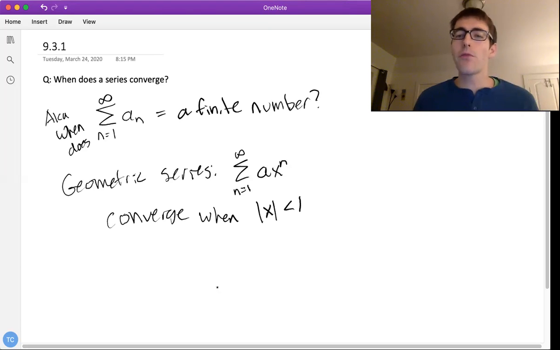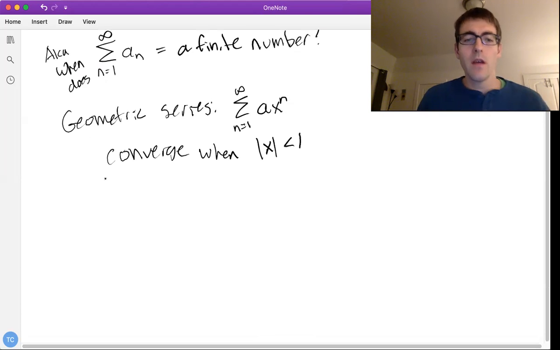In section 9.3, we're asking, how else could we determine if a series converges or not? And in this section, what we're going to be doing is taking these things called partial sums.